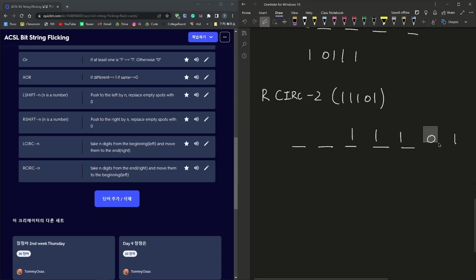But we're going to use these 2 digits and replace the empty spots. This is the same thing as taking 1 1 1 0 1, taking 2 digits from the right and moving it to the left. 2 digits from the end and moving it to the beginning.